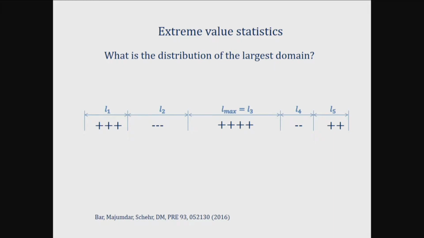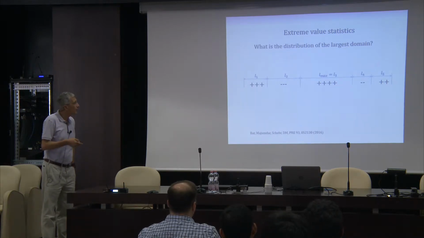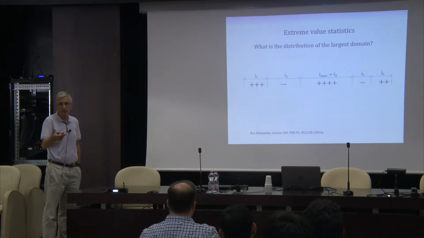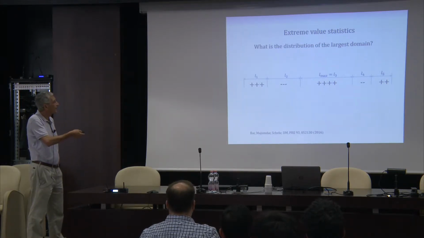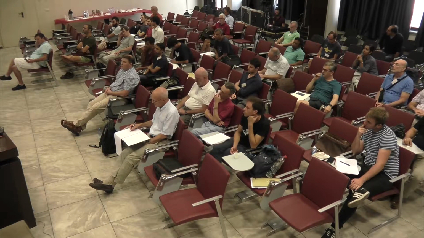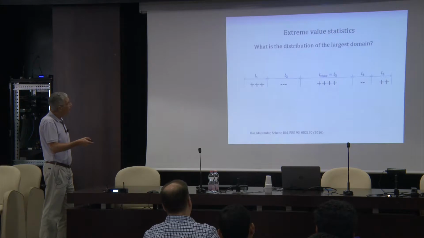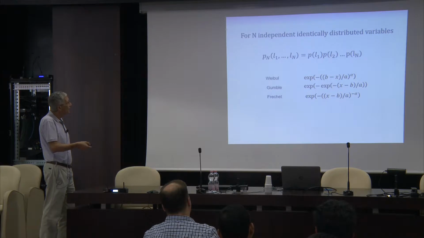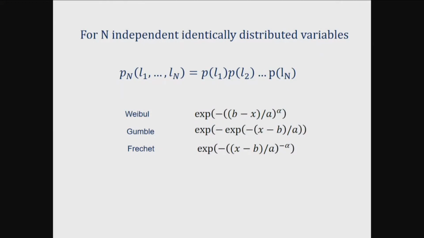In the last few days we got a very nice introduction to this, very beautiful talks by Satya, by Claude, by Eli Barkai, and this basically set up the stage for this. So if the domains are really independent, if the probability of having domains of length L1, L2 is just a product, then you will get the usual three universality classes that we have: the Weibull, Gumbel, and Frechet.